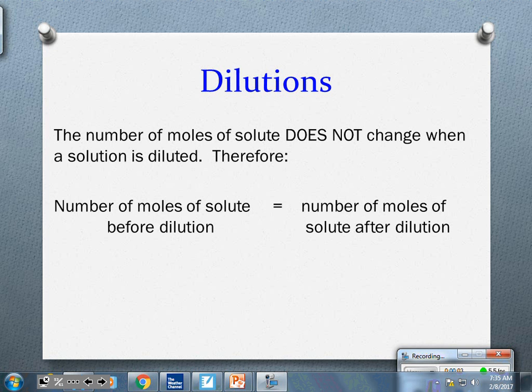Okay, just like I showed you in that demonstration, the number of moles of solute does not change when a solution is diluted.